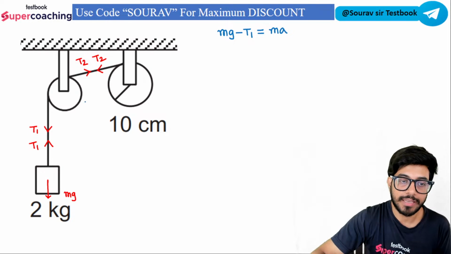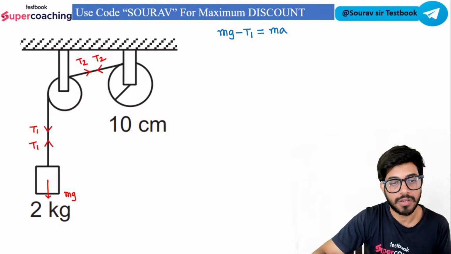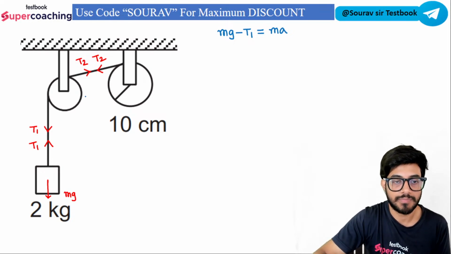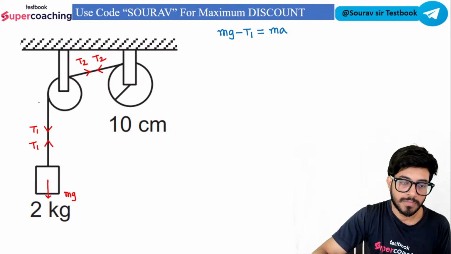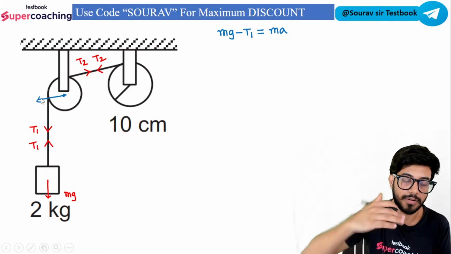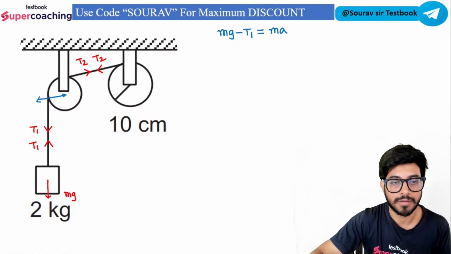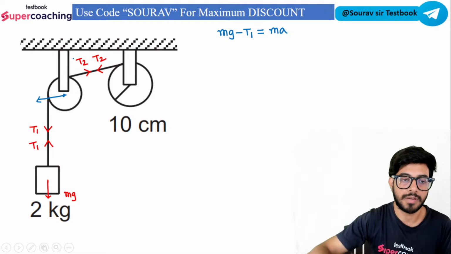Now this pulley has some equation which is, if this is the center of this pulley, so this is r cross T in the upward direction, the downward direction.